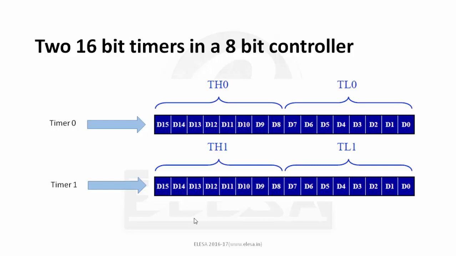The higher byte of the timer is stored in TH0 register and the lower byte of the timer is stored in the TL0 register. Similarly for timer 1, that is TH1 the upper byte and TL1 the lower byte. These two are independent registers, so they can be associated with an 8-bit microcontroller.